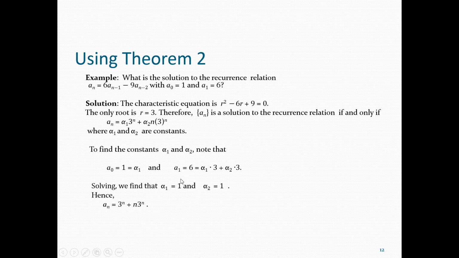All right, so next a1 is equal to 6, that is, replace n by 1, so we have this equation. Now from this we can find the value of alpha 2 because alpha 1 is already obtained, which is 1. So alpha 2 is 1, and by plugging these values back into this solution, we have an is equal to 3 to the n plus n 3 to the n.